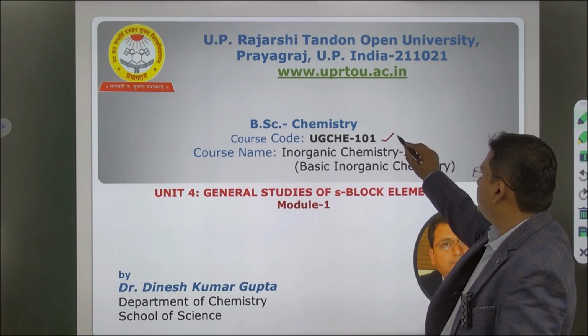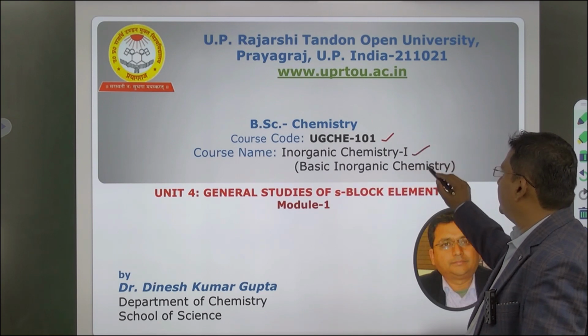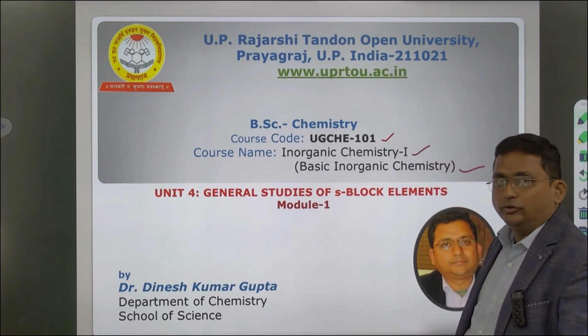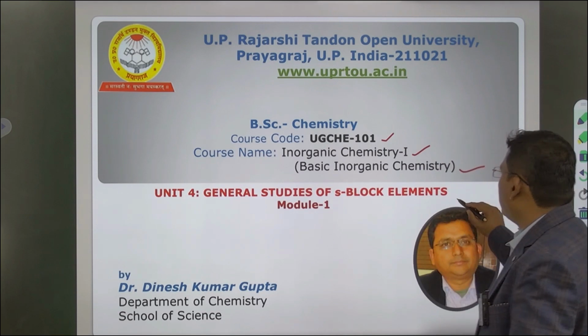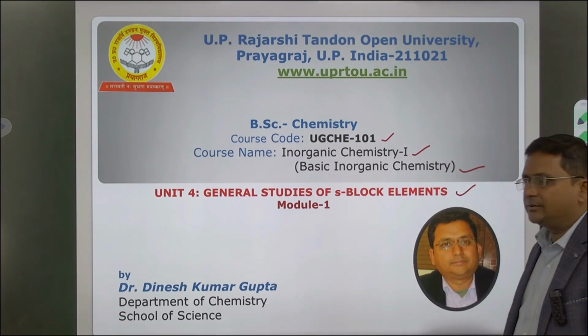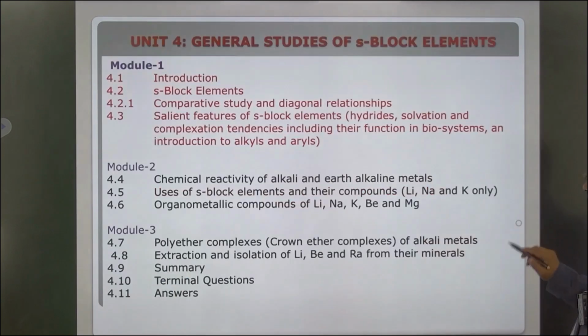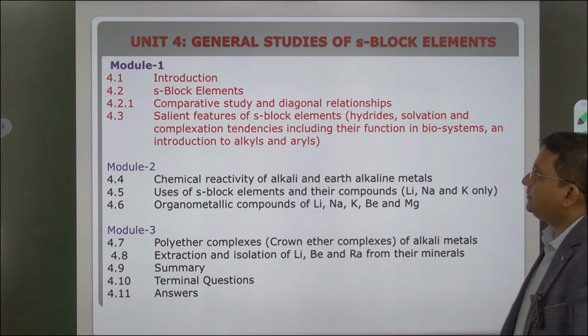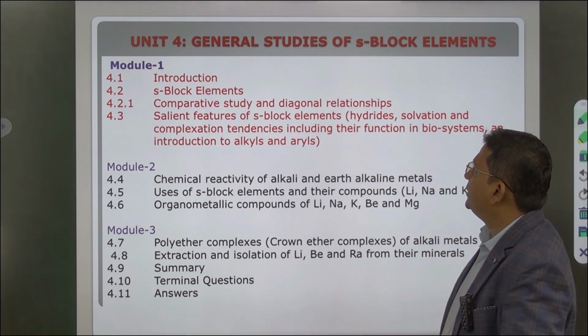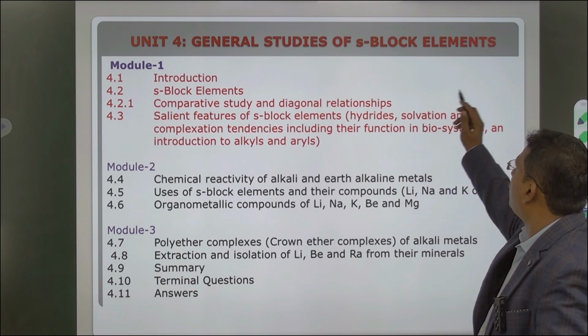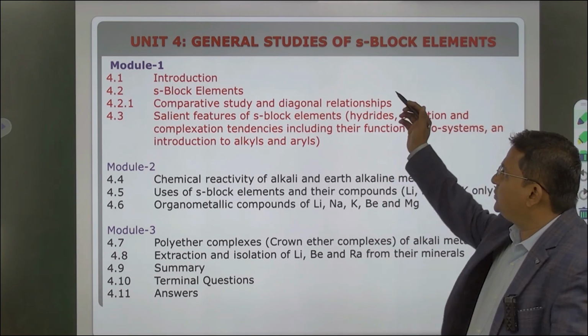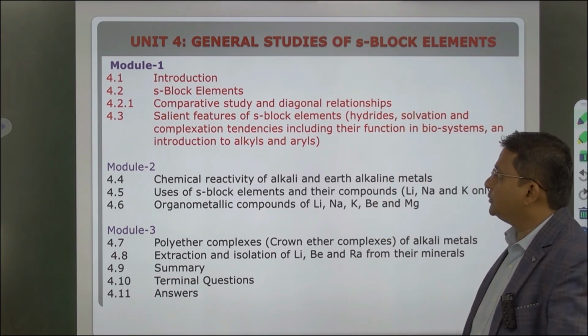Course code 101, Inorganic Chemistry 1, Basic Inorganic Chemistry, Unit 4, General Studies of S Block Elements, Module 1. This unit is divided into 3 modules.